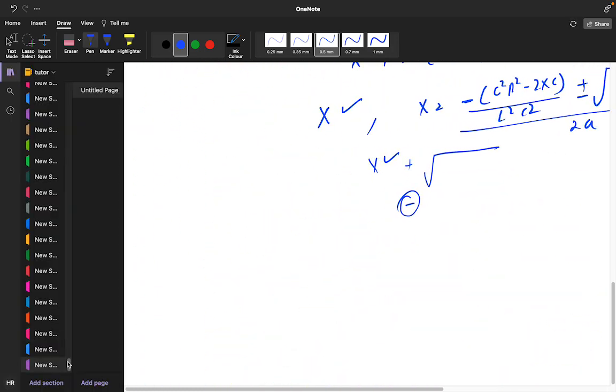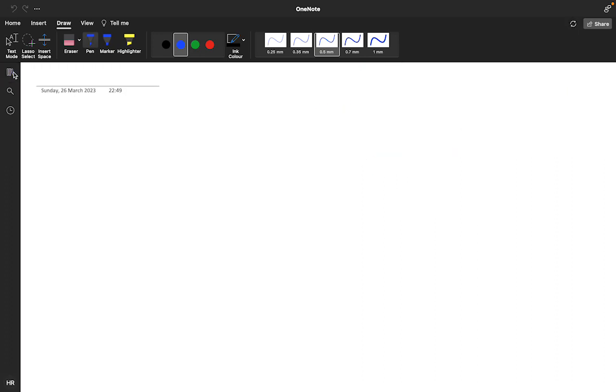So you don't have to remember these things, you just need to remember the bandwidth formula. Okay, write it down.